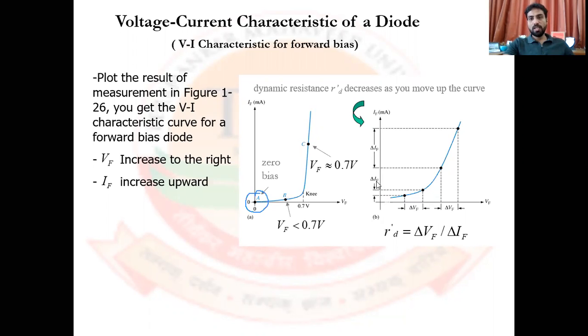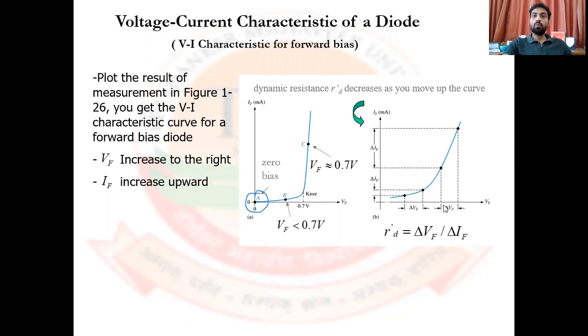So initially VF upon IF is too high, because this resistance depends upon VF divided by I. So as much VF as we have, definitely the resistance will be more. But if you see in this diagram, this potential difference is low and the current is increasing. So this shows the diode offers low resistance from this point to this point.